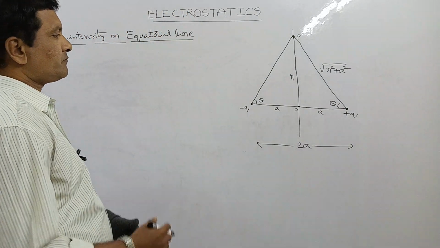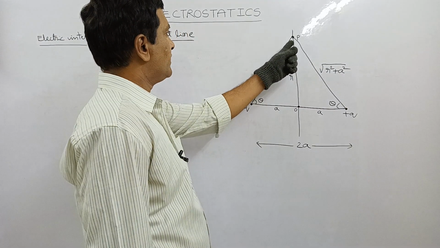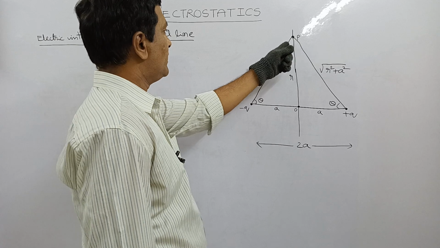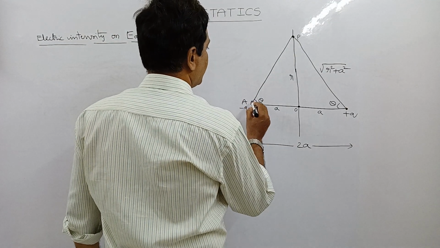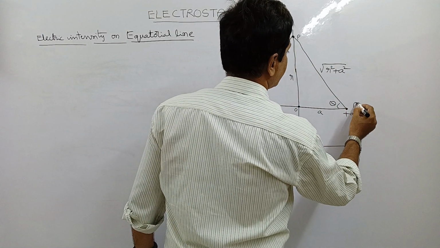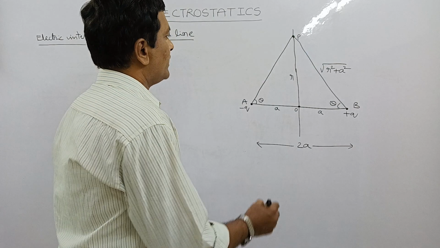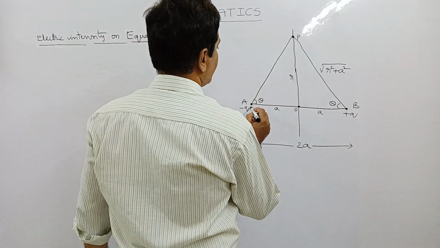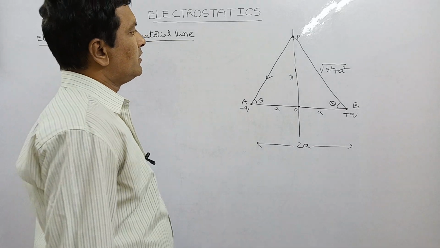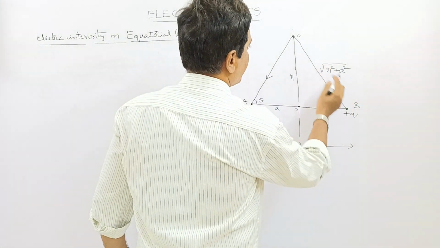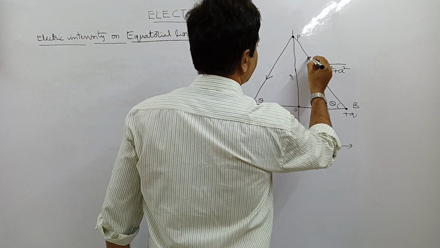If you observe, the electric intensity will be acting on the point in this direction. Suppose this is point A and this is point B. The electric field intensity due to this negative charge will act in this direction, and the electric field intensity due to this positive charge will act in this direction.